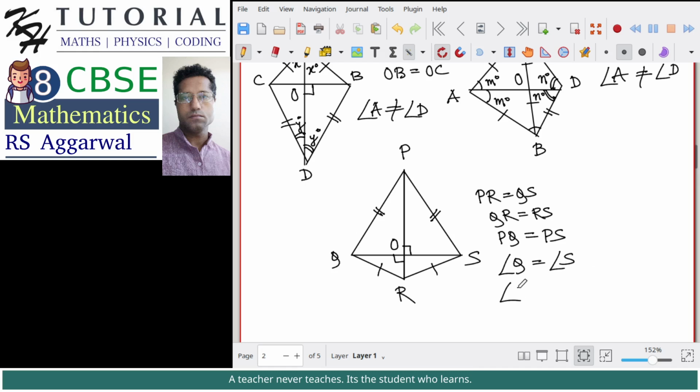And definitely we will have angle P not equal to angle R. But angle P and angle R will be bisected by the diagonal PR. So if this is angle X degree, this will also be angle X degree, and if this is angle Y degree, this will also be angle Y degree.